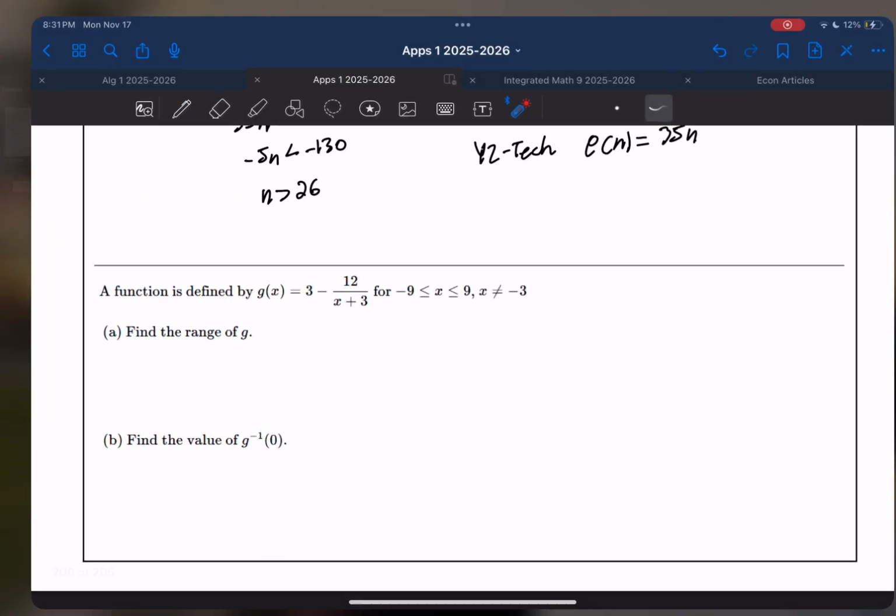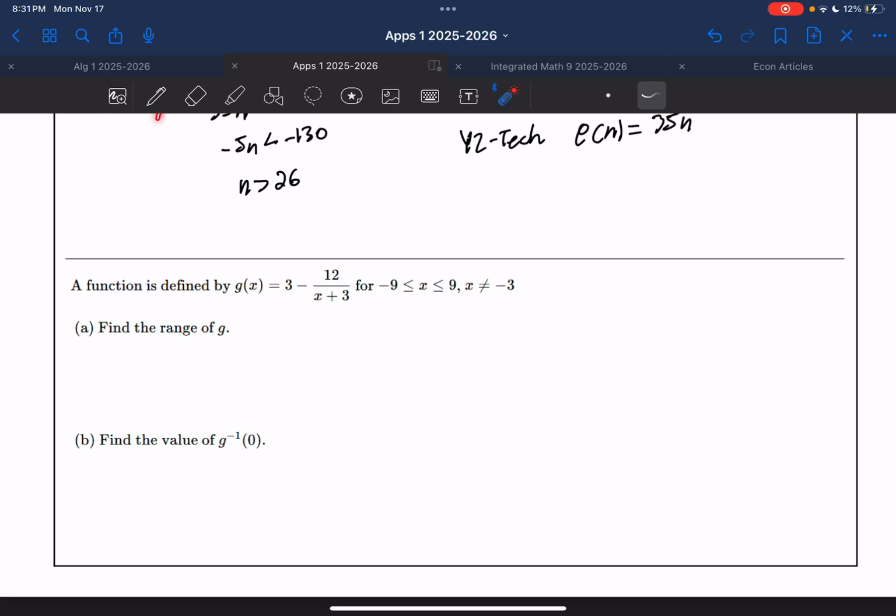So for the range, we want to find g of 9, which is 3 minus 12 over 9 plus 3, which is 3 minus 12 over 12, 3 minus 1, or 2.